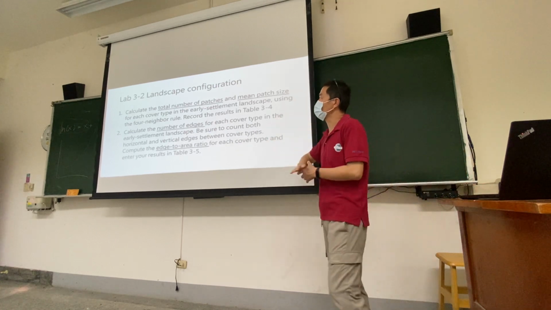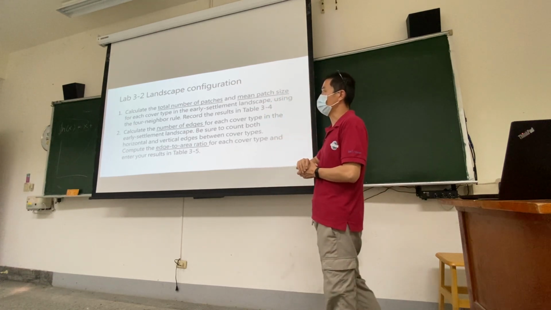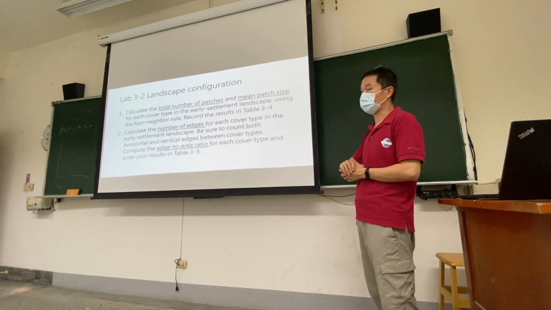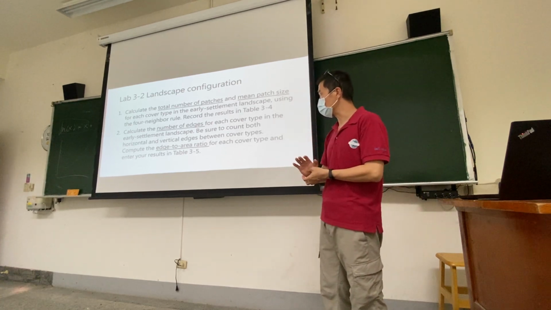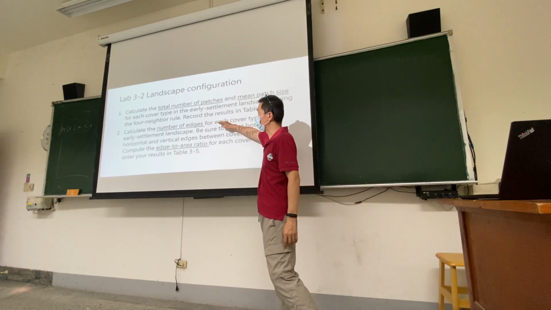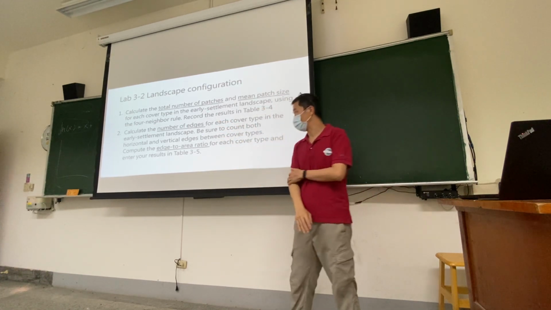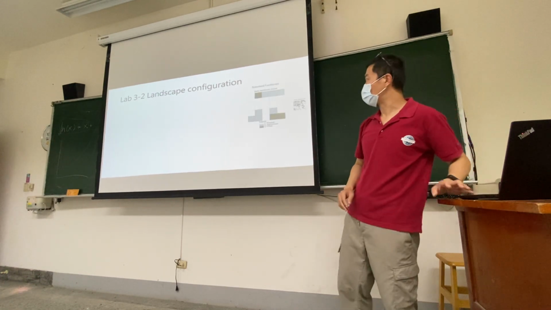Okay, so what we'll do is use the 4-neighbor rule to calculate the total number of patches and mean patch size, using the hypothetical early settlement landscape. And then we'll calculate number of edges and edge-to-area ratio. Again, this shouldn't be too hard.